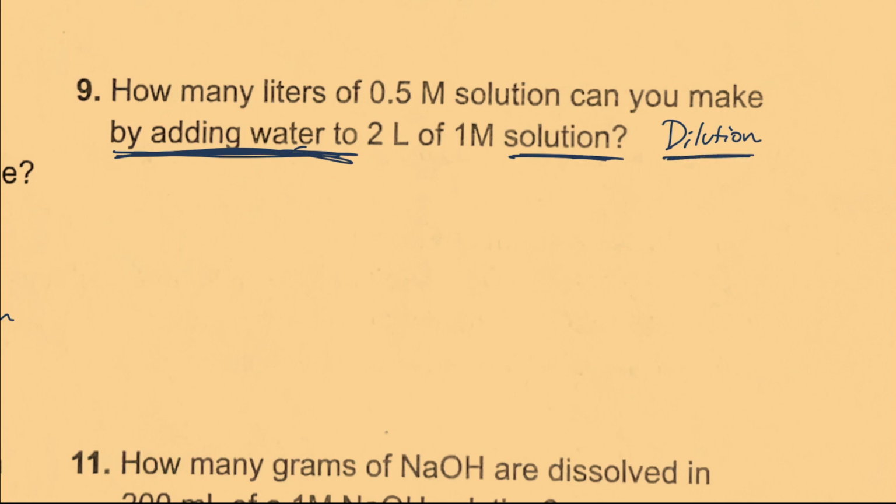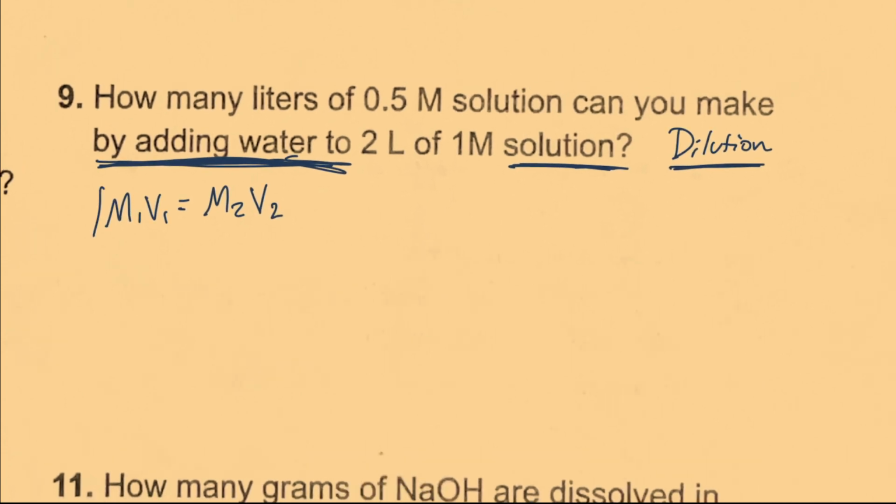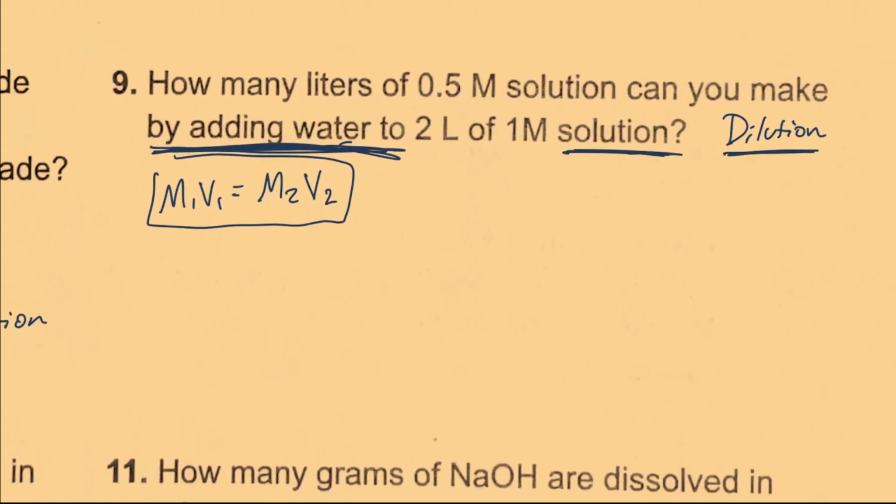And every time you have dilution happening and you're being asked about the new volume or the new molarity, you're going to want to use M1 times V1 equals M2 times V2. That is a formula that you should have written on your periodic table. If you don't have that written on there, then add it now.